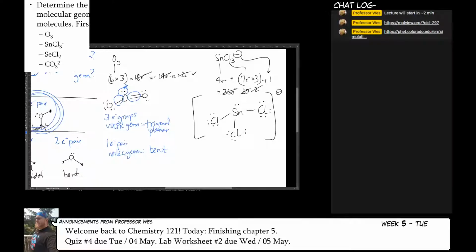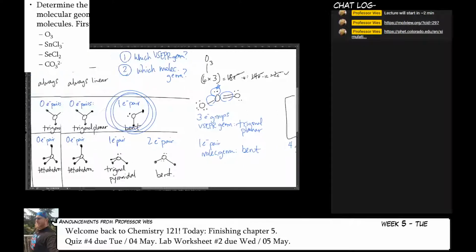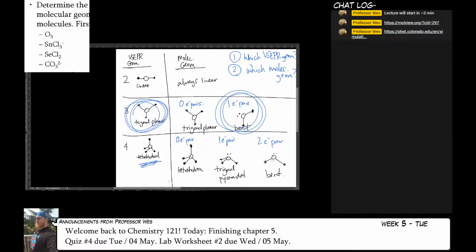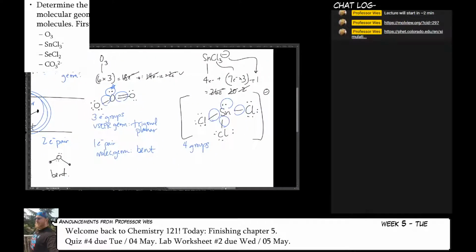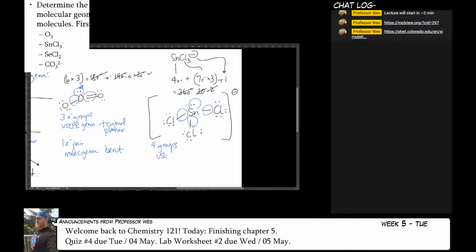All right, let's look at the geometry now. So how many groups are around the central atom? There are 4 groups. So if I scroll over, what has 4 groups? That's this one. So the VSEPR geometry is tetrahedral.